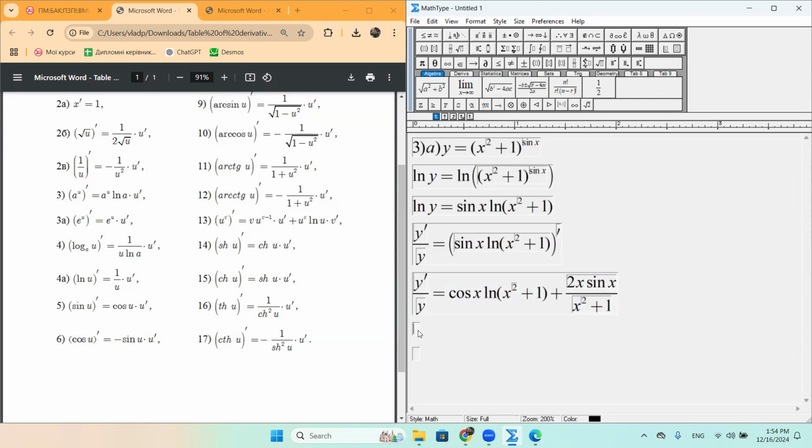So we found the derivative, but that's not the final answer. Don't forget to multiply both sides by the function y. So y prime equals, we can just do it like this, y multiplied by this expression.